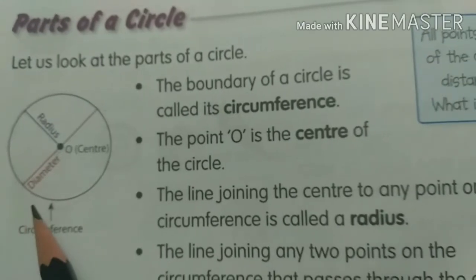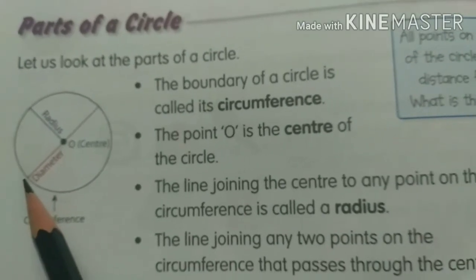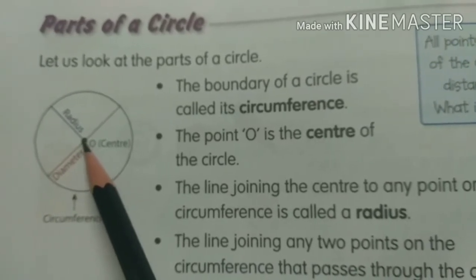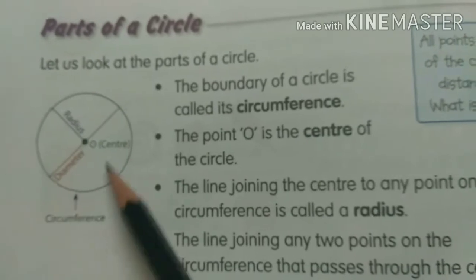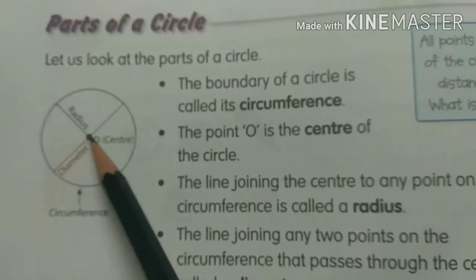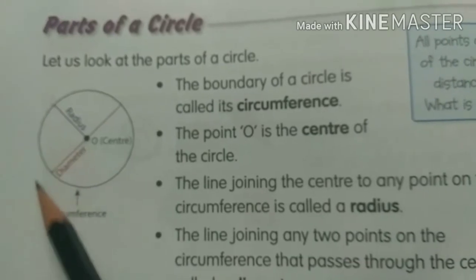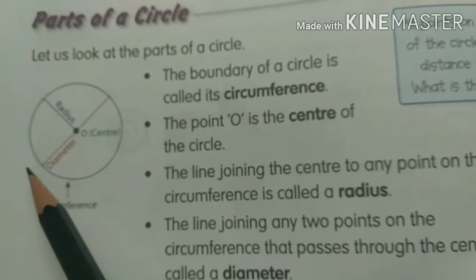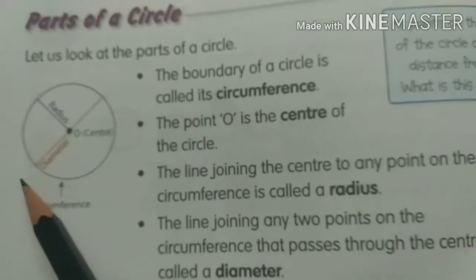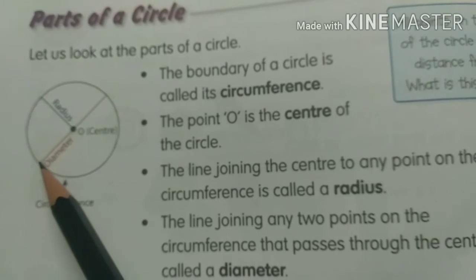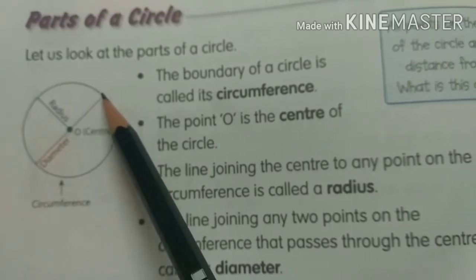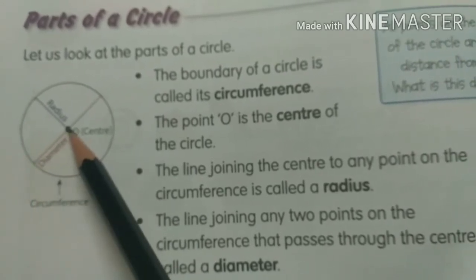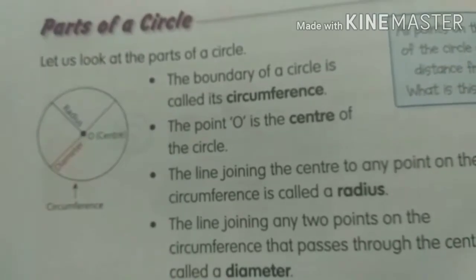The line joining the center to any point on the circumference is the radius. The line joining any two points on the circumference that passes through the center is called a diameter.